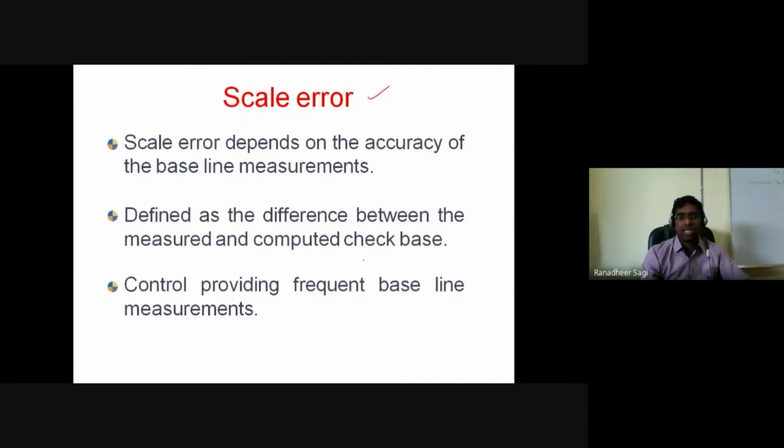When I say check line, mathematically you calculate what should be the length of that line, and in the field you can also exactly measure the length between those two points. Mathematically you have computed it by your trigonometry, and you are comparing: how much have I calculated, how much have I measured. The difference between what is measured and what is calculated is what we call error.